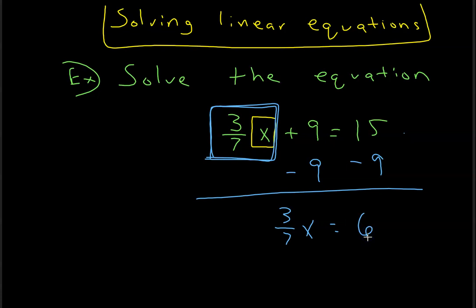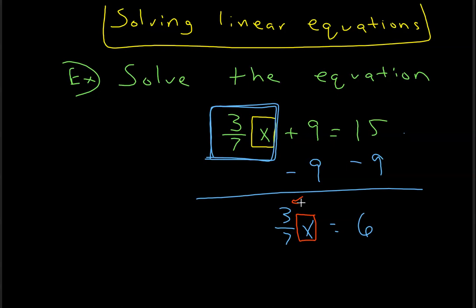To finish solving this equation, what you want to do is divide by the coefficient. The coefficient of x is here. So here's my x, and I still want to isolate it, and now I have a coefficient. That's 3/7. If I divide both sides by 3/7, I should get x alone. So I'm going to write it over here.